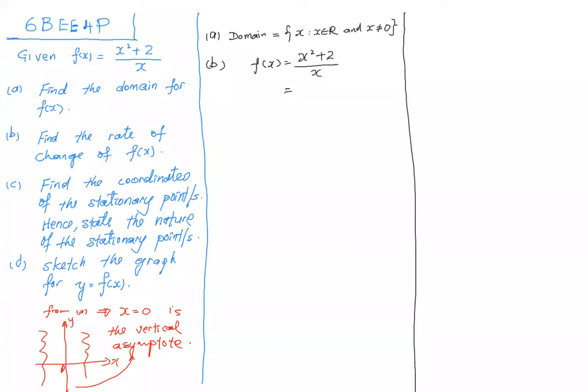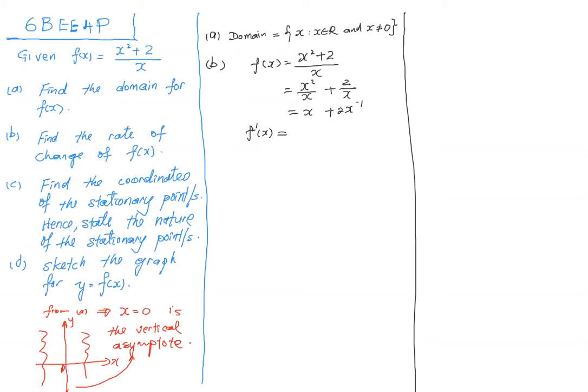That means you split into two parts, because the bottom is only one term. Yes, you are right. Then you write this as x plus 2x to the power negative 1 before you differentiate. You are right. So now you can start to differentiate using the simple rule.